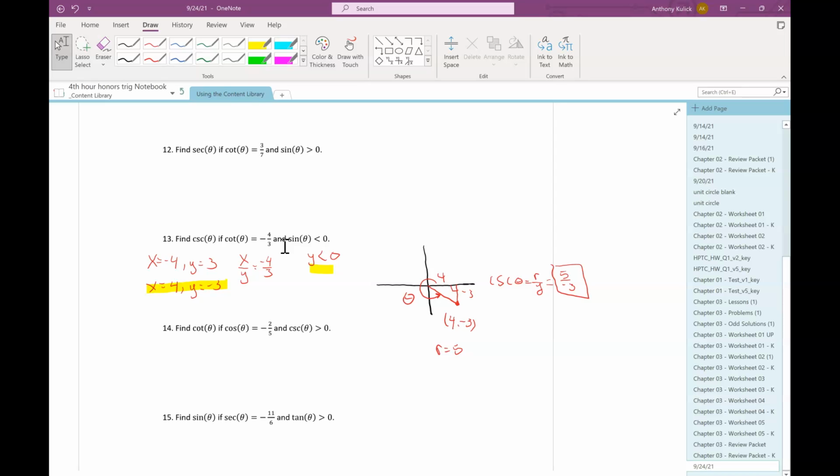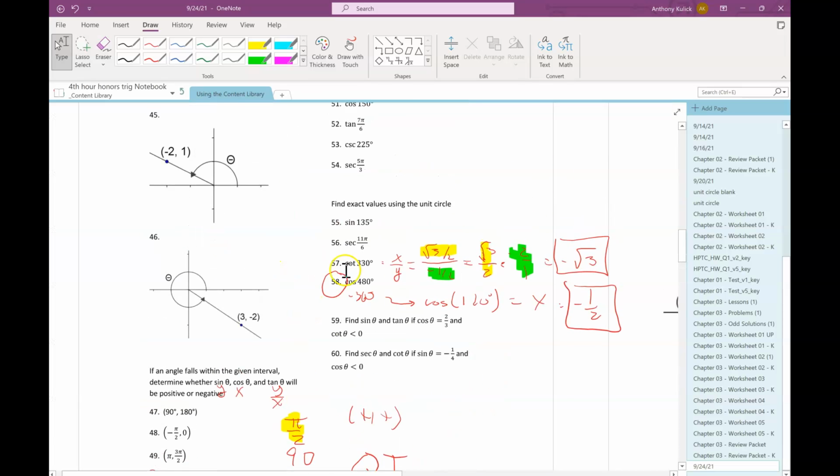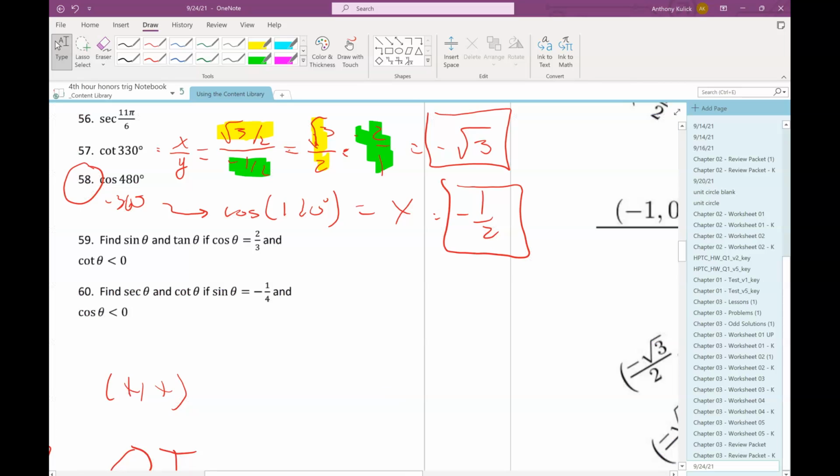Jack, do you want to do 59? Sure. Same kind of question. I know cosine is x over r, so x is 2 and r is 3.